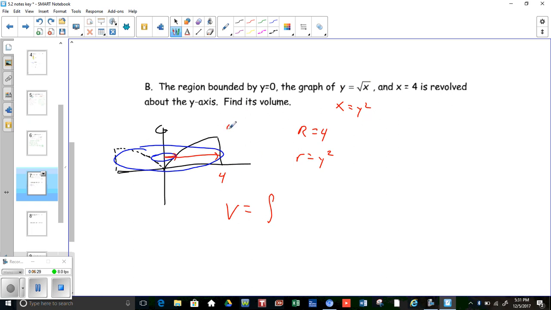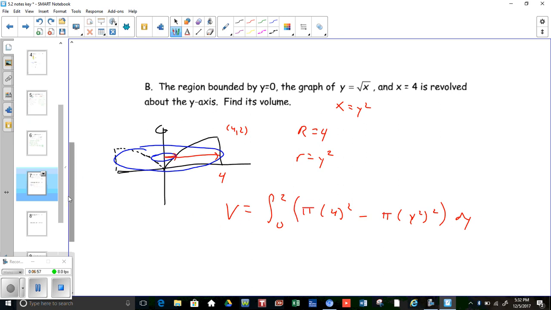So really this is the point (4, 2), which means I'm going to go from 0 up to y value of 2, because now we're doing this with respect to y since it's vertical. So 0 to 2, pi times my outside radius squared minus pi times the inside radius squared dy.